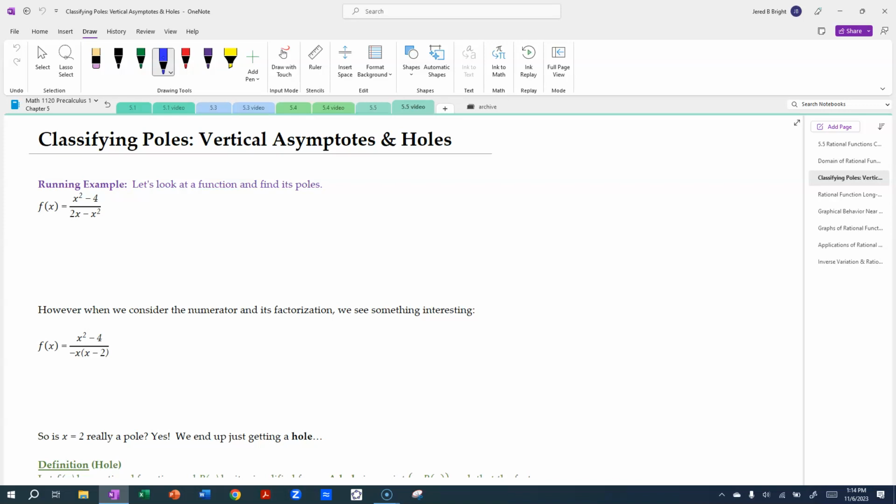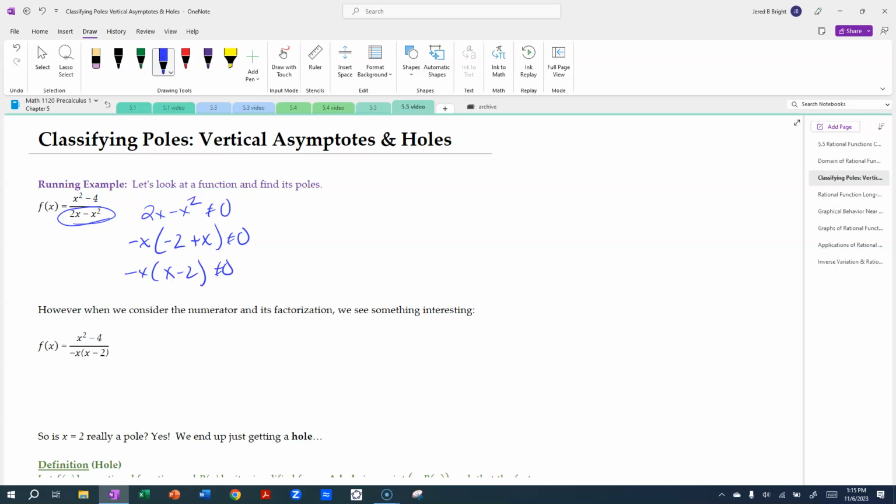And so if we want to find its poles, we know that we need to take the denominator, 2x minus x squared, and say that it can't be 0, or set it equal to 0 and just remove it, either way. When we do this, we can factor it. I'm going to pull out a minus x, and then I'd have a negative 2 plus x. I did that mainly so that I could rewrite it as x minus 2.